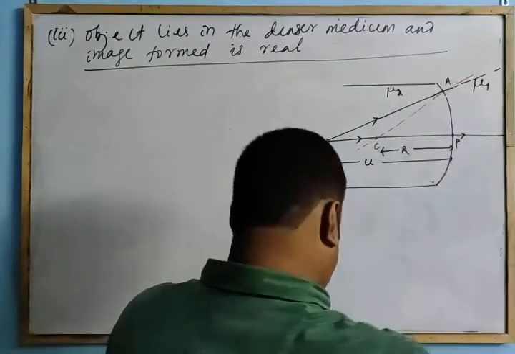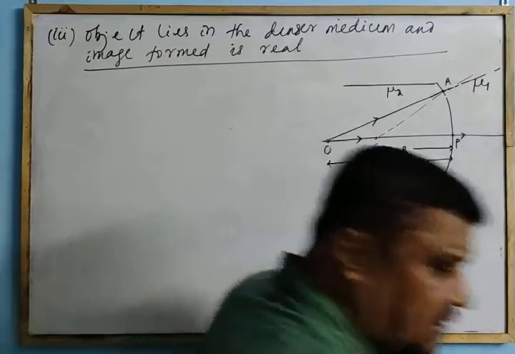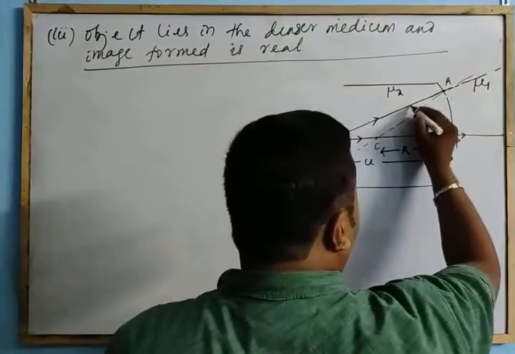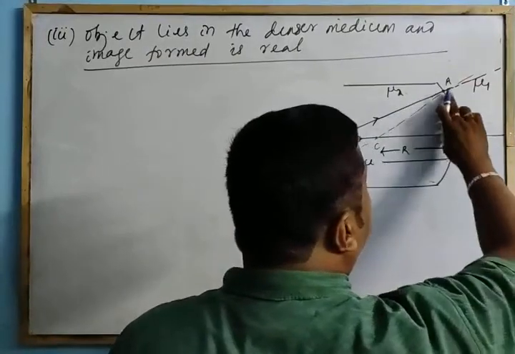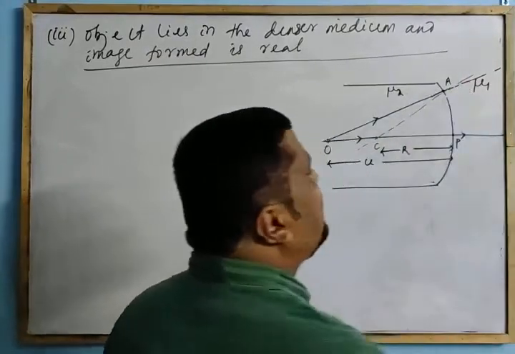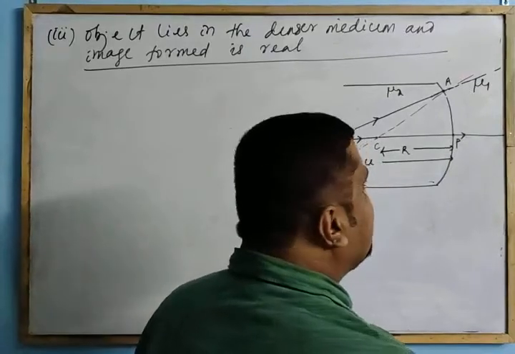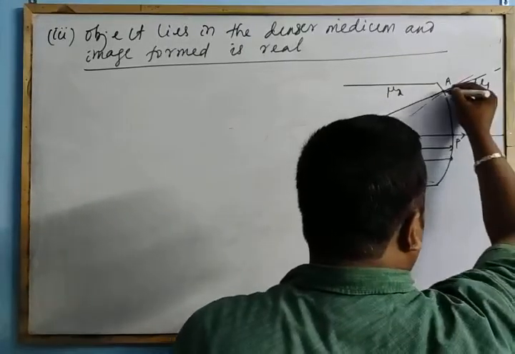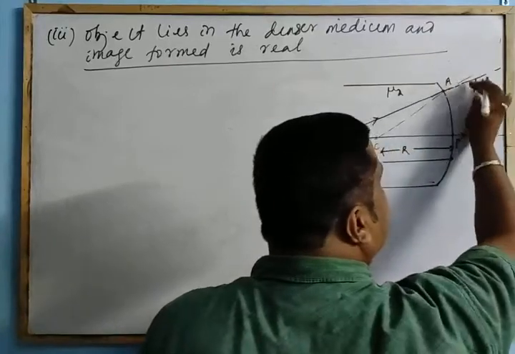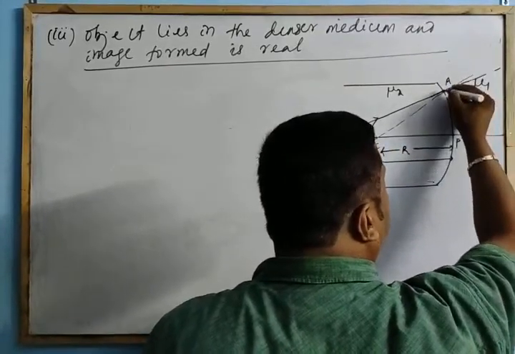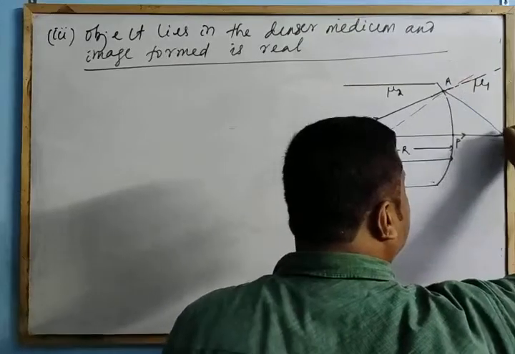Now you see, as the refraction occurs, the ray is traveling from denser to rarer, so it will bend away from the normal. This is the actual path of the incident ray, this is the normal, and the ray will bend away from the normal like this.